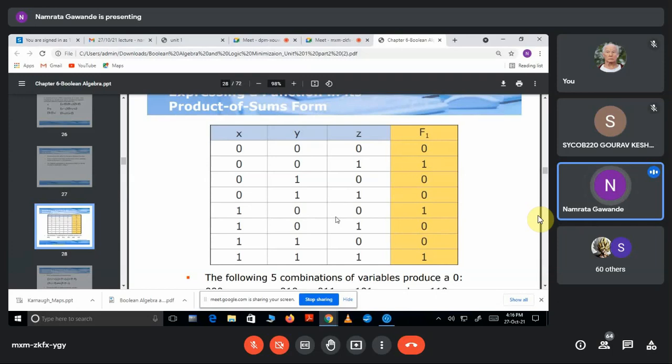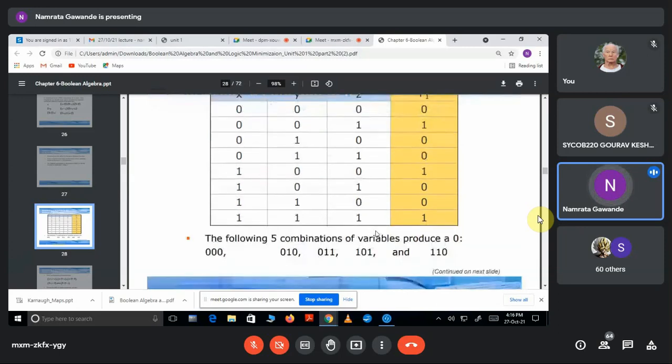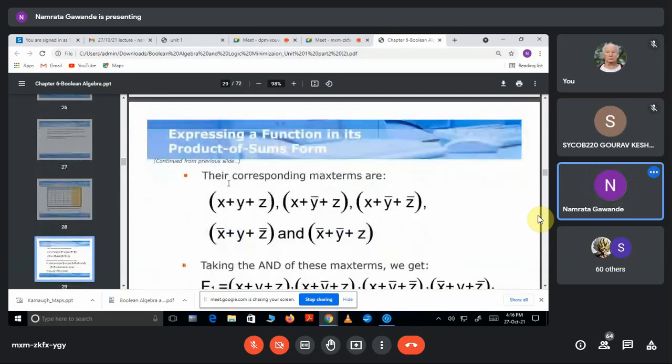In the max terms, 1 is represented as a bar. The corresponding max term is x plus y plus z. Here again we consider the plus, because that is the POS form, product of sums. So you take the addition of those variables, right? Instead of product, here the addition is taken because this is a POS form.